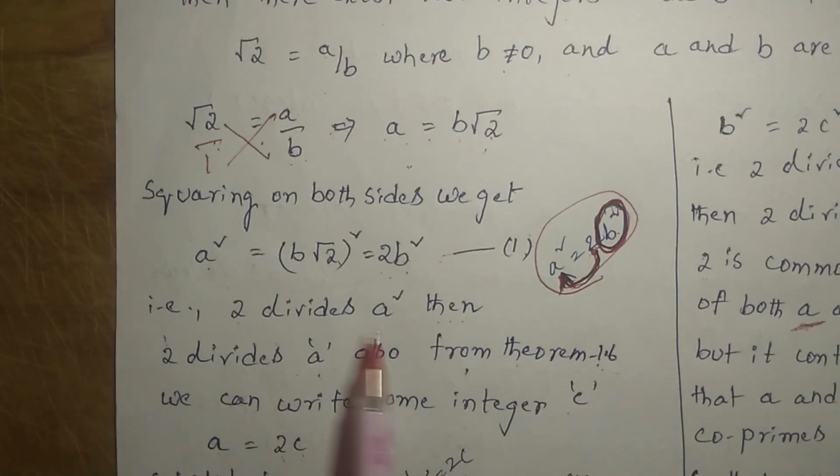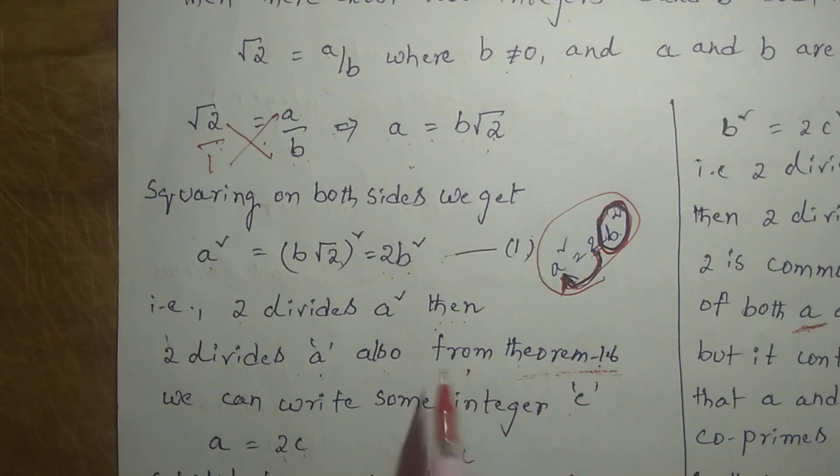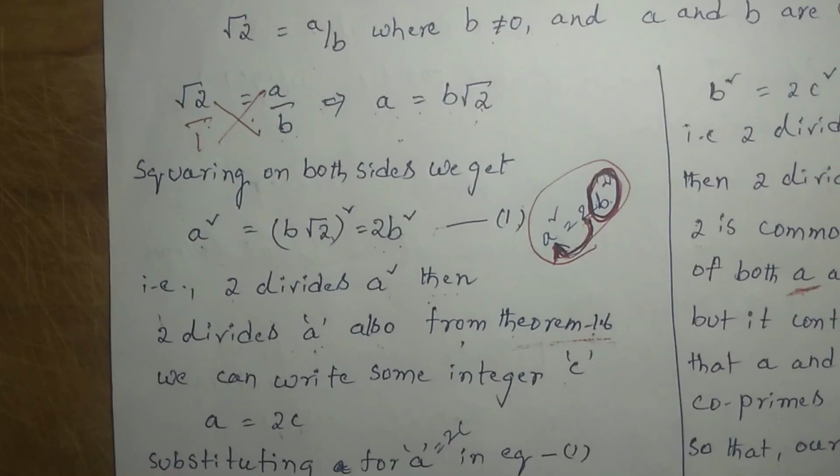That is, 2 divides a square. Then 2 divides a also, from theorem 1.6: if p divides a square, where a is a positive integer, then p divides a. So 2 divides a square, then 2 divides a. Understand?